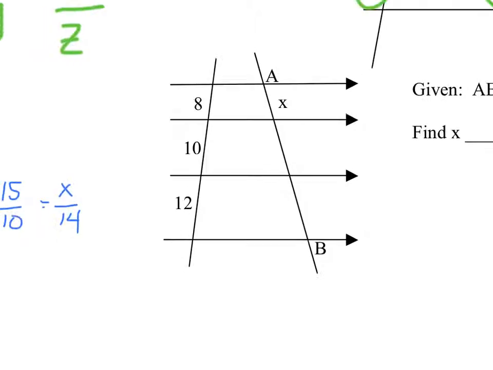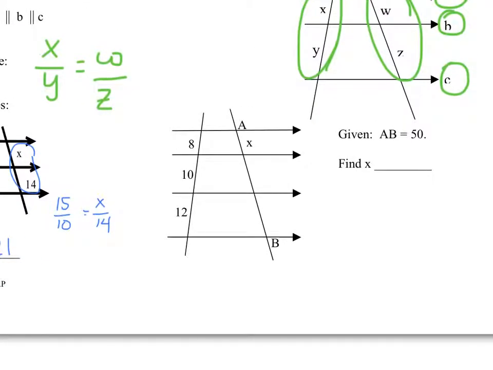And then we'll look at the next one, and it says, given that AB is 50. So we know that our whole distance from here to B is 50. We want to find x. So on the other side, we can add all of these together and see that our whole side over there is 30. So if we're looking for x, x and 8 go together, and then the whole sides, 30 and 50, go together.